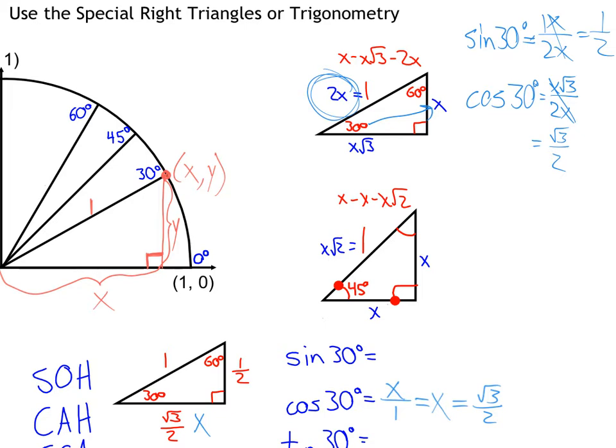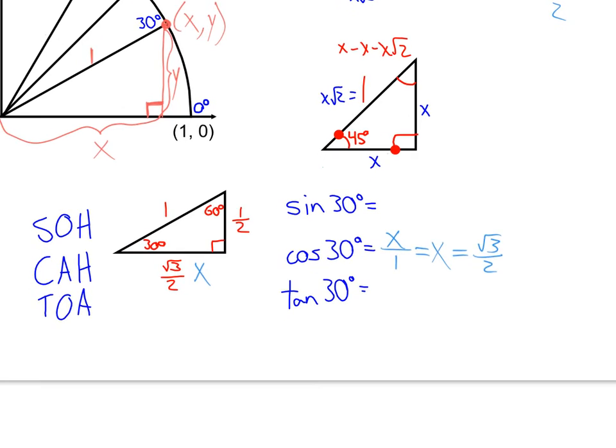Now watch this. At 30 degrees, we have this point here, and we just saw that on the unit circle, with a hypotenuse of 1, cosine of 30 is x over 1. So the x coordinate is the cosine.